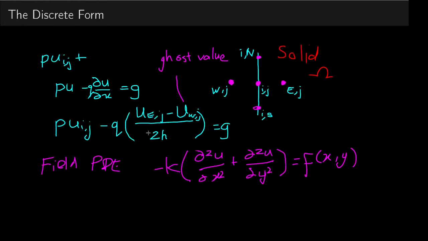This field PDE is what we have done before. So we can combine this discrete form of the Robin condition and the discrete form of this field PDE so that we can remove the ghost value.